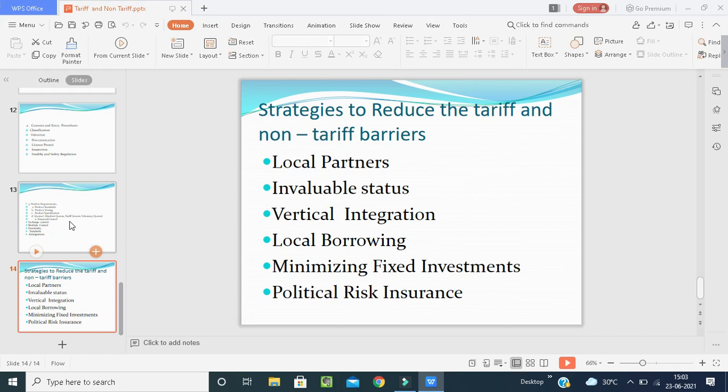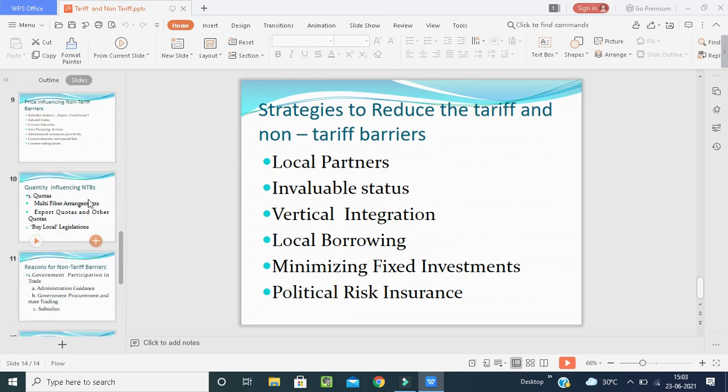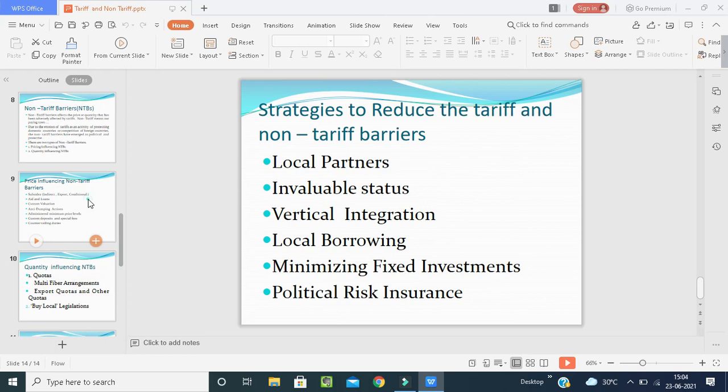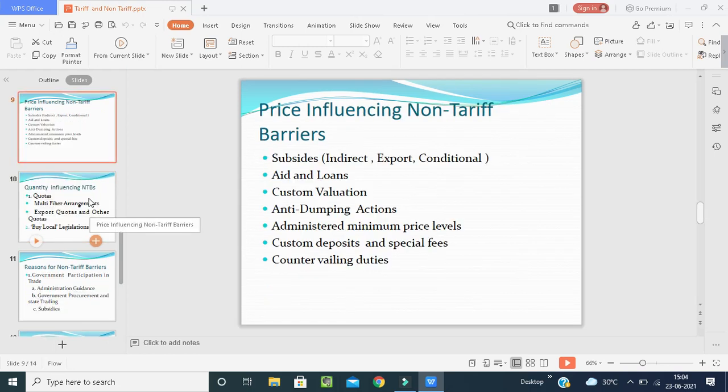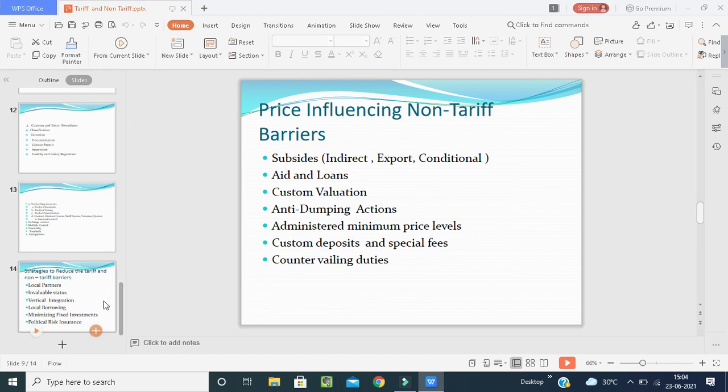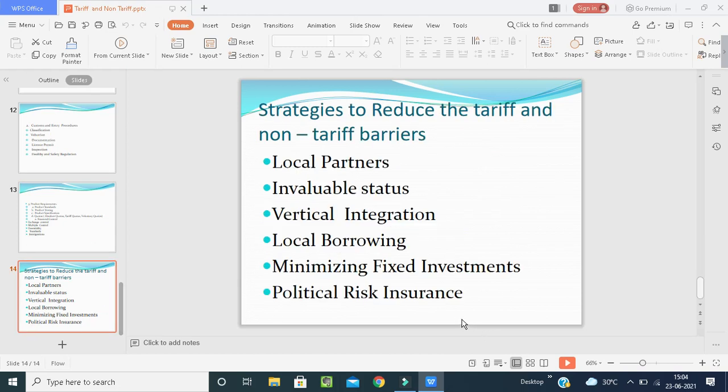All these things are there in this. Next, see here. Local partners, invaluable status, vertical integration, local borrowing, minimizing fixed investment, political risk element. So political risk insurance will play a very important role in the examination.